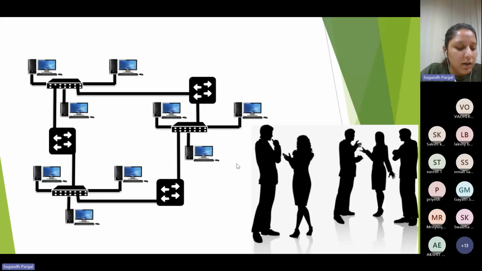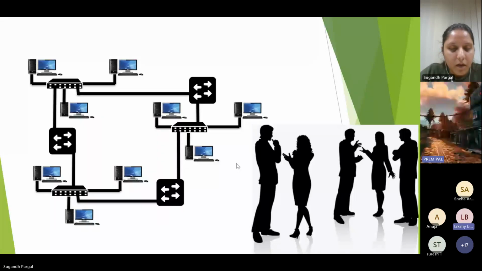But if the two machines are far away from each other, more than 100 meters, then repeaters are used to extend the distance. Student: Ma'am, it also makes the connection strong, no? It makes the network strong, from weak signal to strong signal. Yes, I mentioned that point as well. One benefit is that it increases the distance, and the second benefit is that it enhances the network stability and the bandwidth as well.